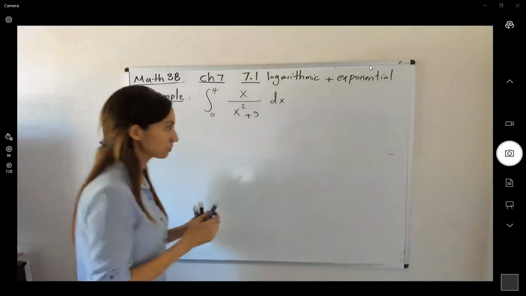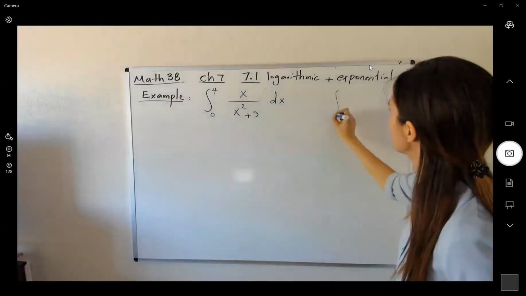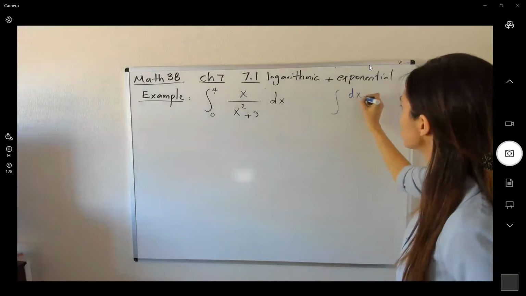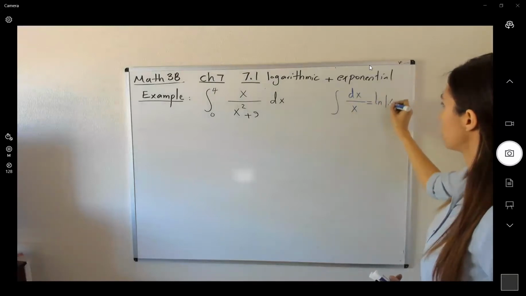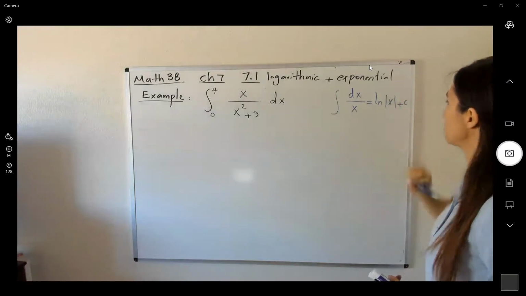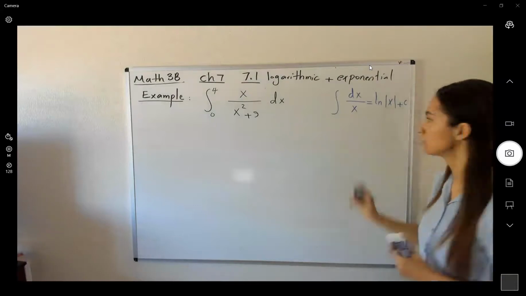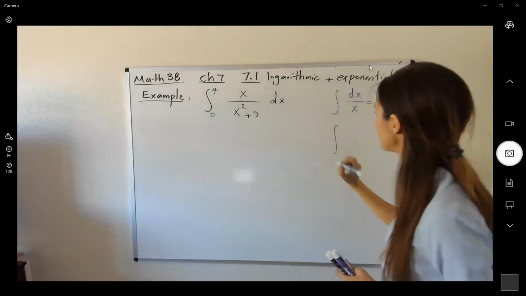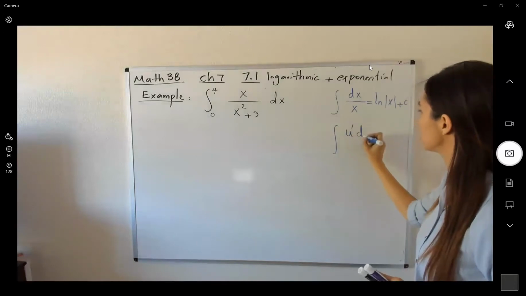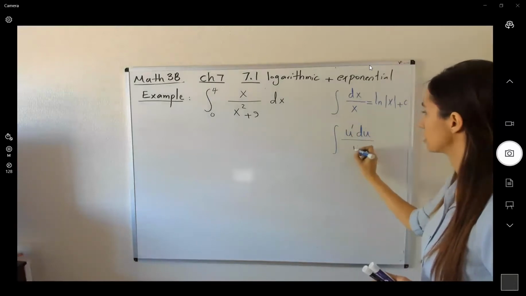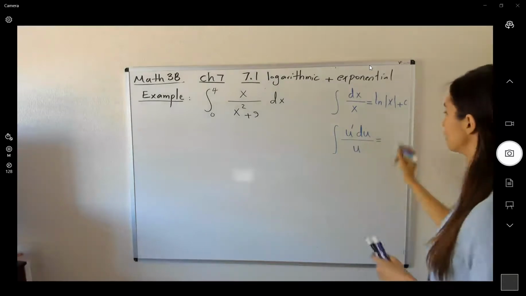Remember that the integral of dx divided by x is equal to ln of absolute value of x plus the constant of integration. By applying the chain rule, if you have the integral of u prime du divided by u, it's actually ln of absolute value of u.